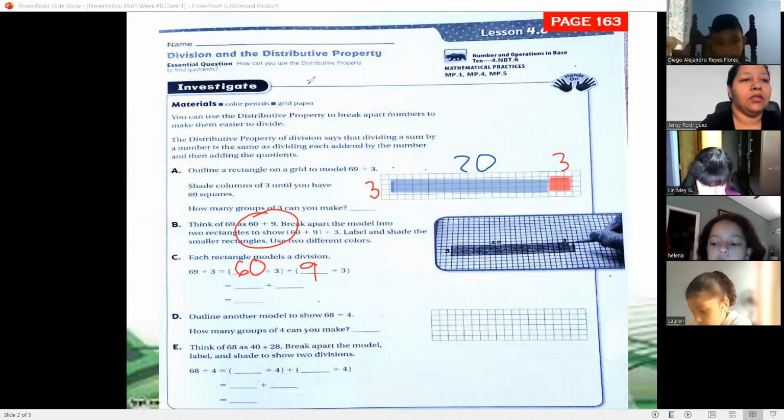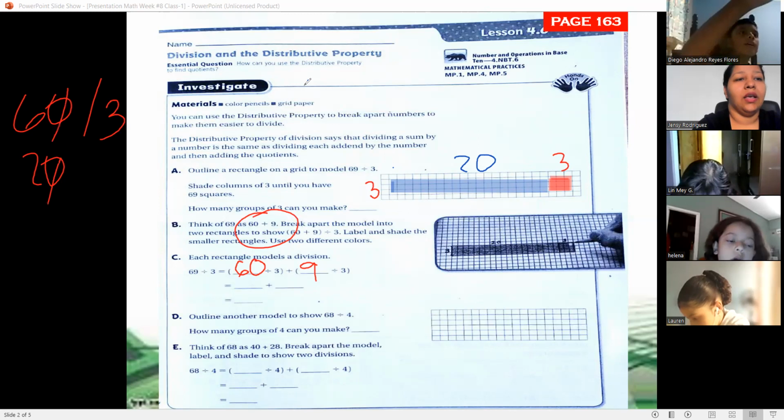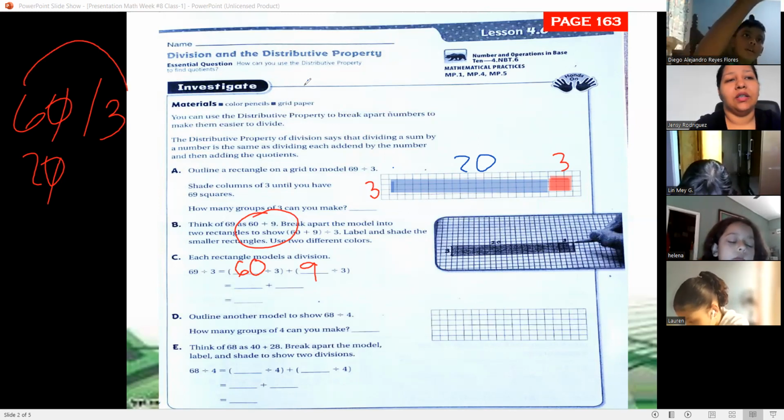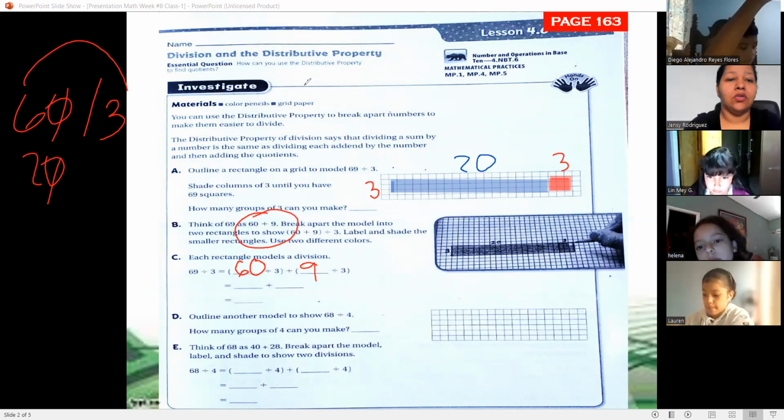It's going to be 20 because 60 divided by 3. If we make a basic fact, I just need to divide it like this. A multiple of 3 that gives me 6 will be 2, right? Yes. So that will be my 20.